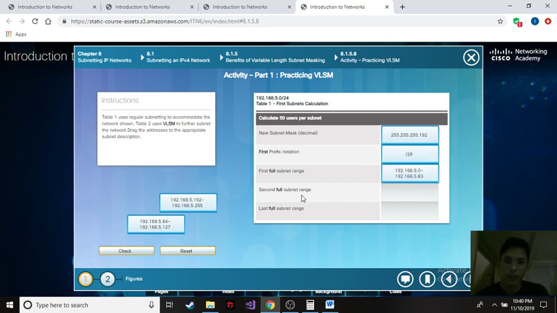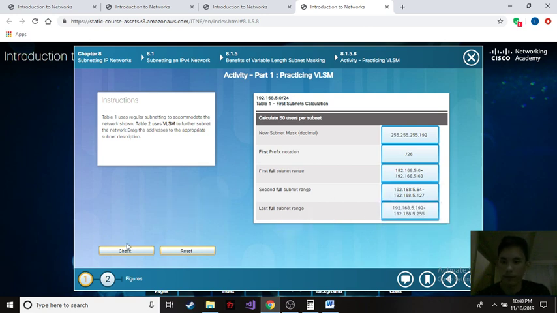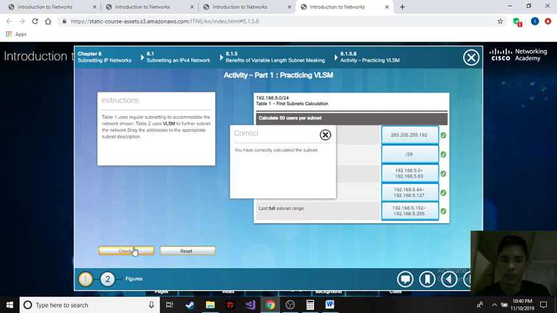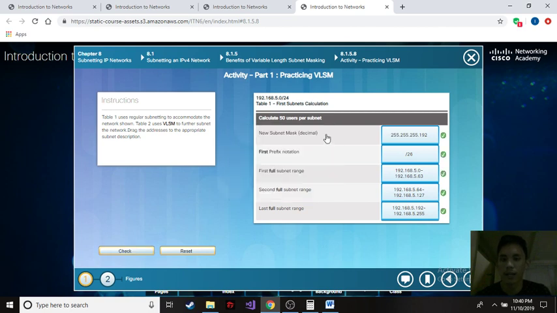Then the second full subnet range is the one next to this first full subnet range. So here is 0 to 63, then 64 to 127, and then 192. So let's check if we arrived at the correct answer. We got it correctly. So let's proceed to part 2.